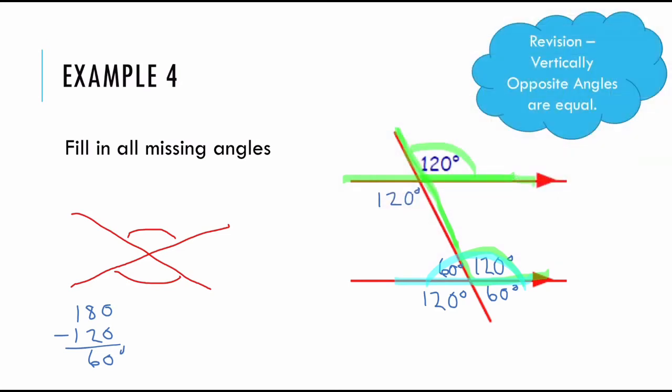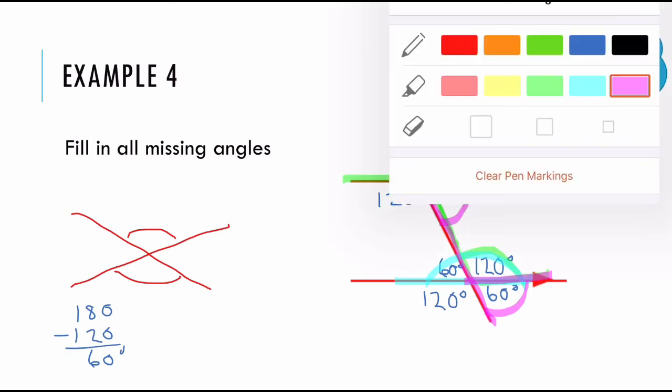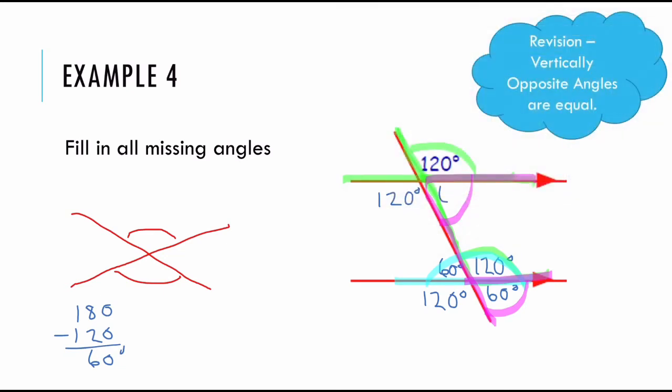Going back to my F angles, I can see an F shape here, which tells me if 60 is tucked under the parallel line down here, it must also be tucked under the parallel line up here. And using vertically opposite angles, I can fill in 60 here, which means I've now filled in all missing angles.